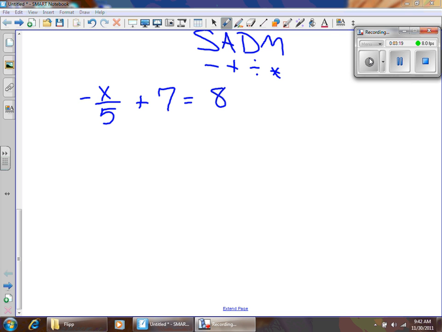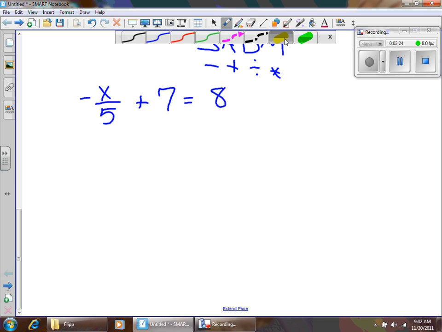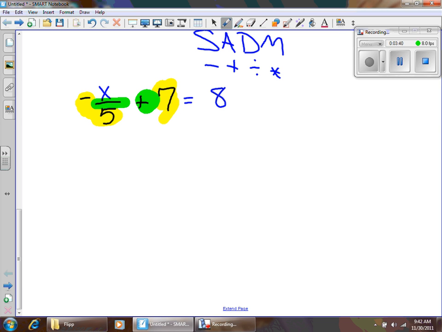To get x alone. What numbers are keeping the x from being alone? Well, I see that there is a 5 here, and I'm even going to count it as a negative 5. And I see there is a 7 here. Okay, the 7 is attached by addition. The 5 is attached by division. Remember, a fraction bar means divide.